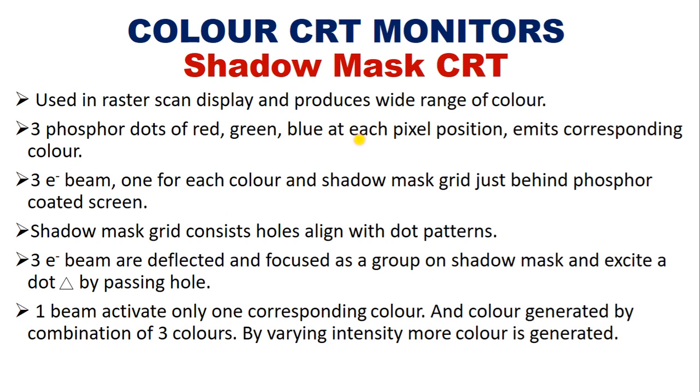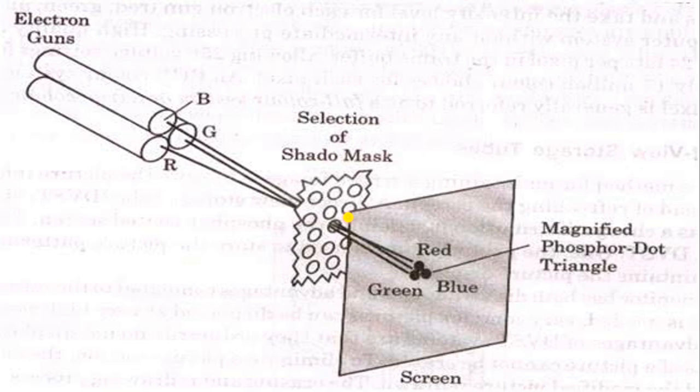At each pixel position the corresponding color is emitted. So this is the phosphor screen, these are the light, and these are the red, green and blue phosphors. Think of it as one pixel.